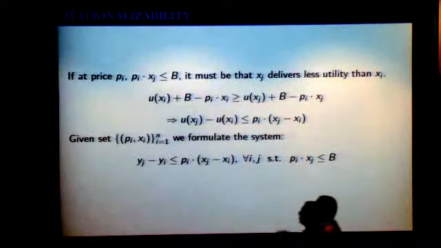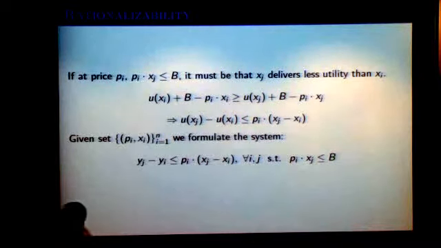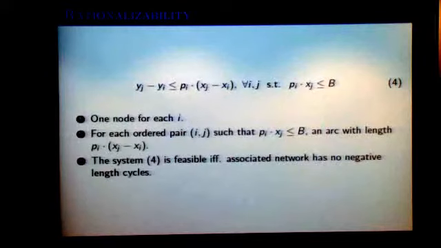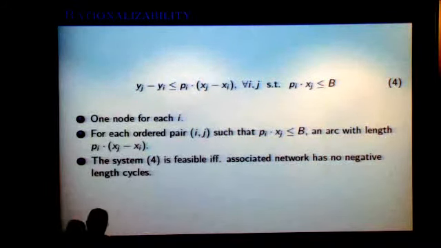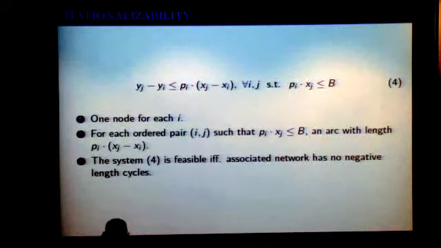Okay, so suppose there are no negative cycles. As I said, here's the way you'd construct the network. If there are no negative cycles, then you have a solution for the yj's. So I can give you your utility for each observed bundle. Now, how do I fill in your utilities for all the other bundles?